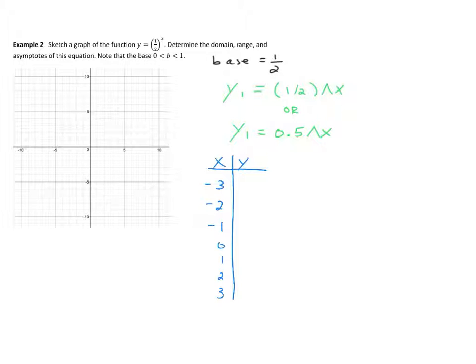Yeah, I get at -3, it's 8 instead of 1/8. At -2, it's 4 instead of 1/4. At -1, it's 2. Then it gives me 1, then 0.5, 0.25, and then 0.125. So this graph is just going in the opposite direction as the previous one.